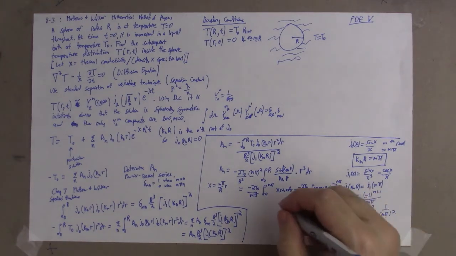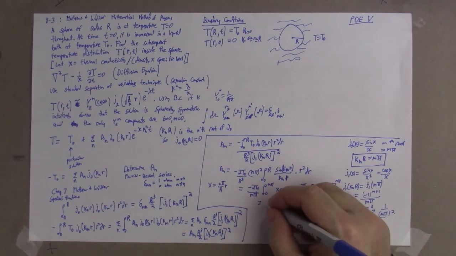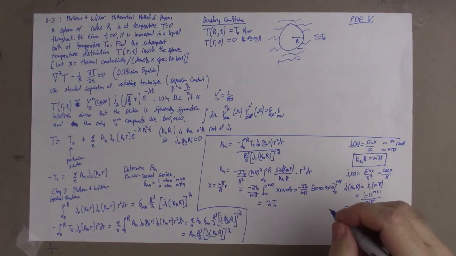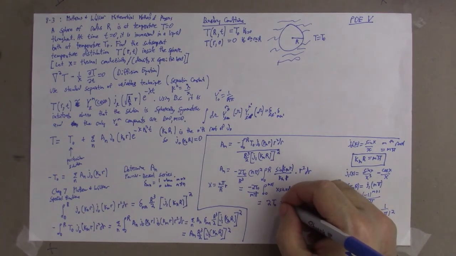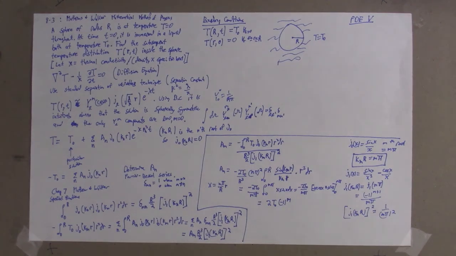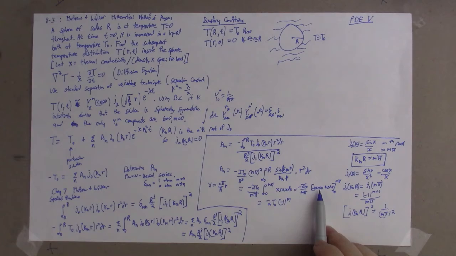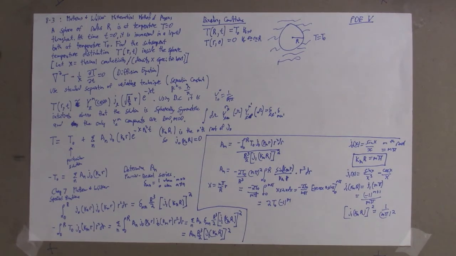So this whole thing ends up equaling 2t0 times negative 1 to the m. I'm sure I'm going to lose a sign here. Okay, that's right, yeah. Because this one gives me a negative 1 to the m, then I have two negative signs there. Okay, so now we can write down our whole solution.